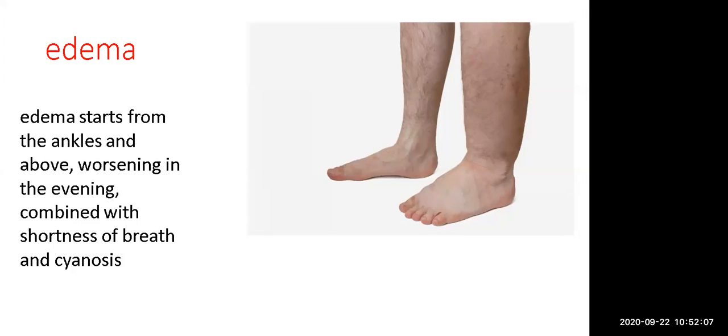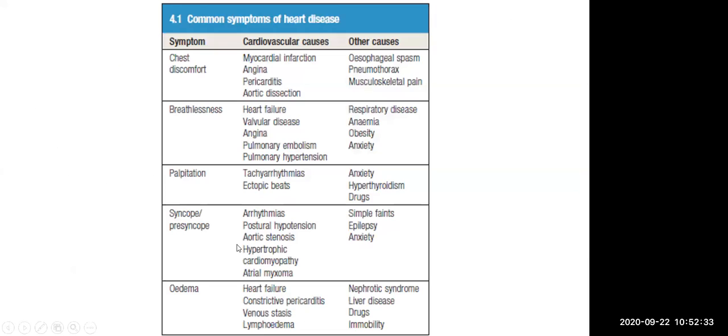If your swelling appears in the morning and starts from your eyes and face and goes down, from up to down, it is probably a kidney disorder. Okay, about edema and swelling, I will show you and describe it in the inspection.